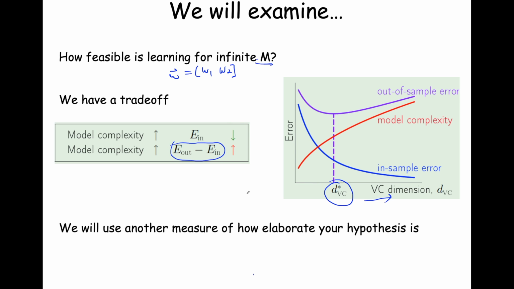So we're going to stop before that starts happening, and that's going to be our VC dimension. This is what lies ahead, and this approach has a lot of power because it doesn't matter how elaborate your hypothesis set is, it'll tell you whether or not learning is feasible, with this abstraction of the size of the hypothesis set.